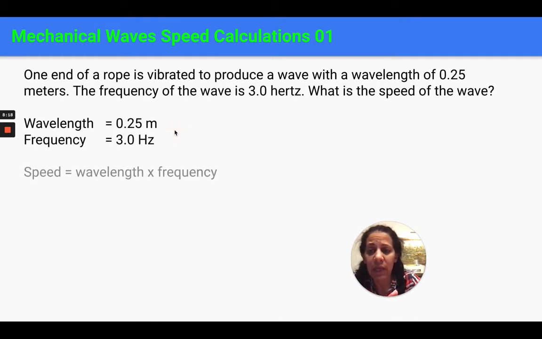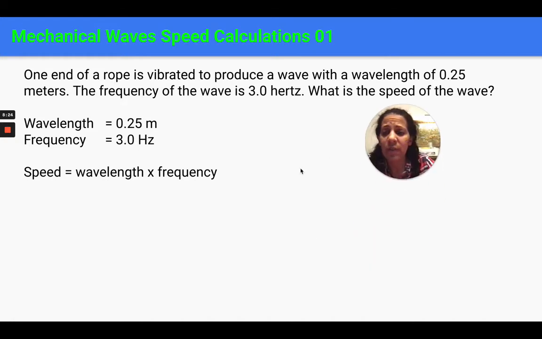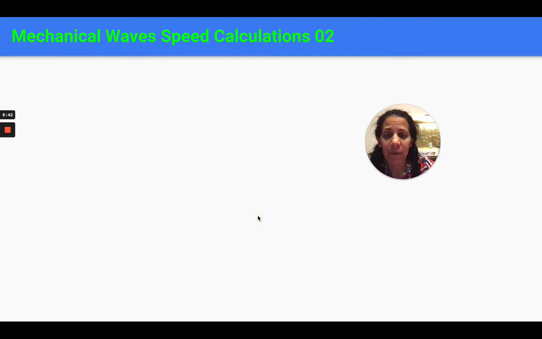So we'll just use the standard formula that we just talked about. Speed is equal to wavelength times frequency. So I'll just substitute as usual: 0.25 and 3. So my speed will be 0.75. And don't forget the unit. You always lose points for units sometimes. Meter per second.